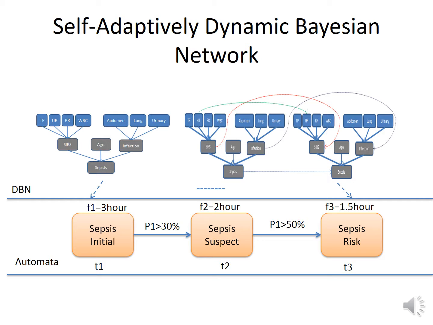These reconstruction rules are defined in our algorithms and predefined with the discussion of physicians. For example, in the initial status, you just need to screen the patient every 3 hours, and for the high risk status, you need to screen every 1.5 hours.